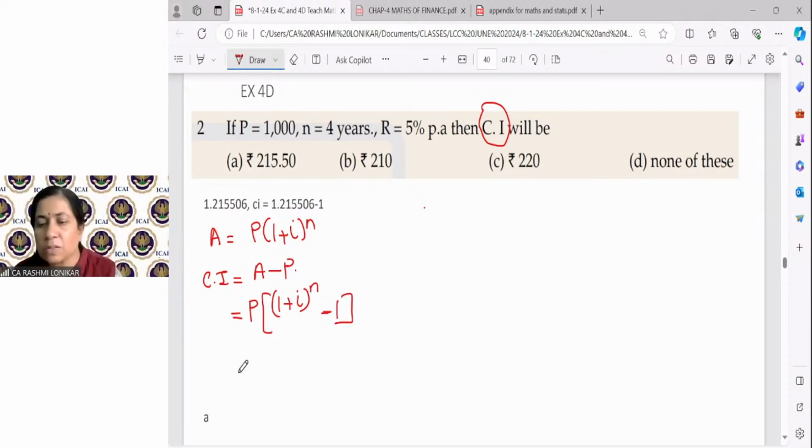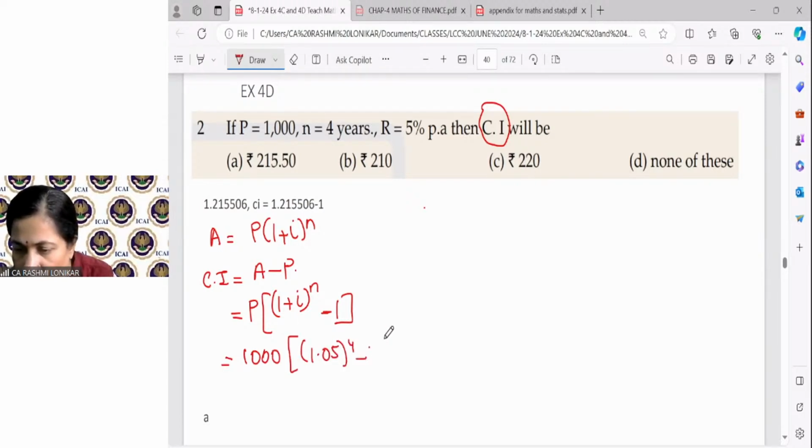So how much is P? P is 1000. This will be 1.05 raised to 4 minus 1. How much is 1.05 raised to 4? 1.215506 minus 1.